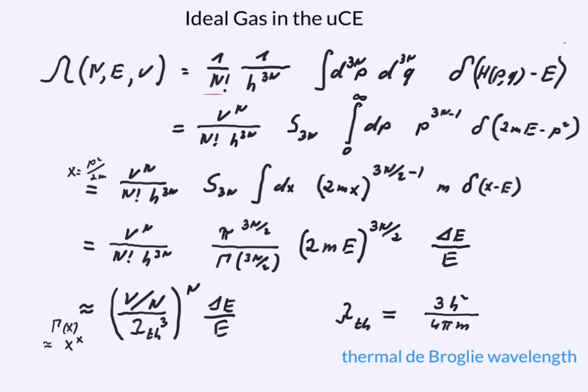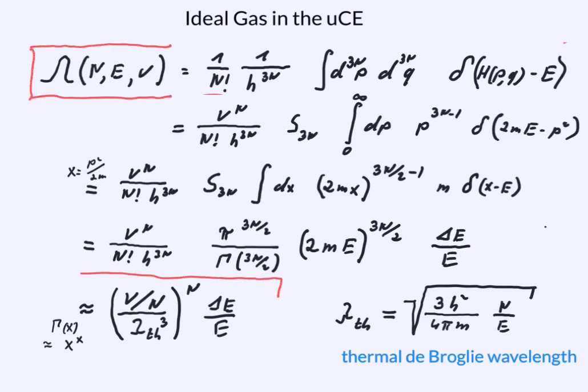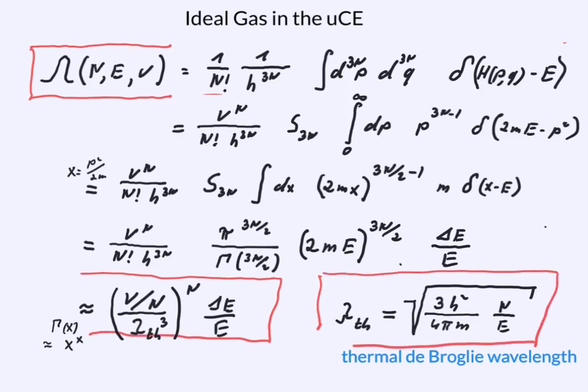The thermal de Broglie wavelength is the equivalent in statistical physics of the de Broglie wavelength that you might know from quantum mechanics. The thermal de Broglie wavelength scales with 1 divided by the energy of the particle. Oxygen molecules that fly at a speed of 300 meters per second, the speed of sound, have a de Broglie wavelength which is well below the size of an atom.